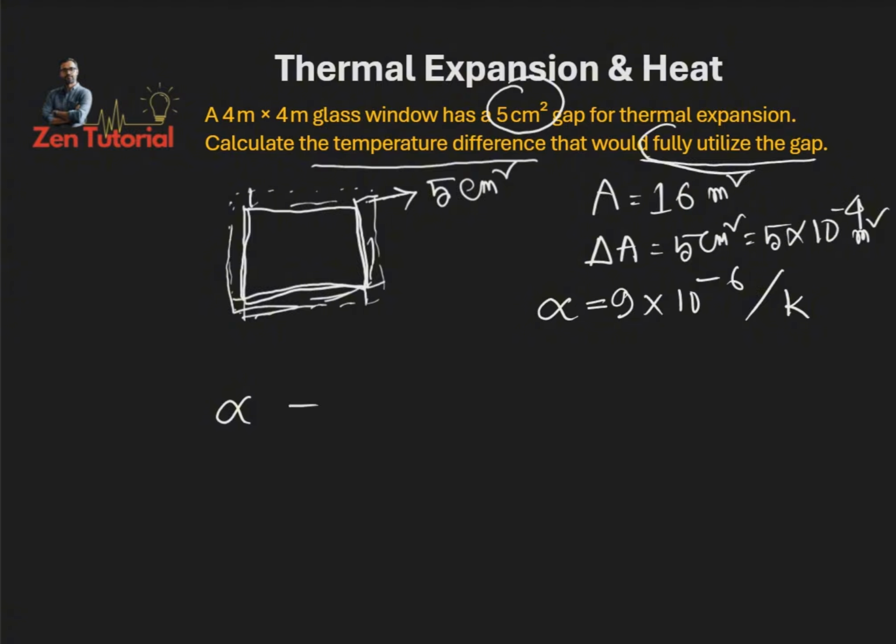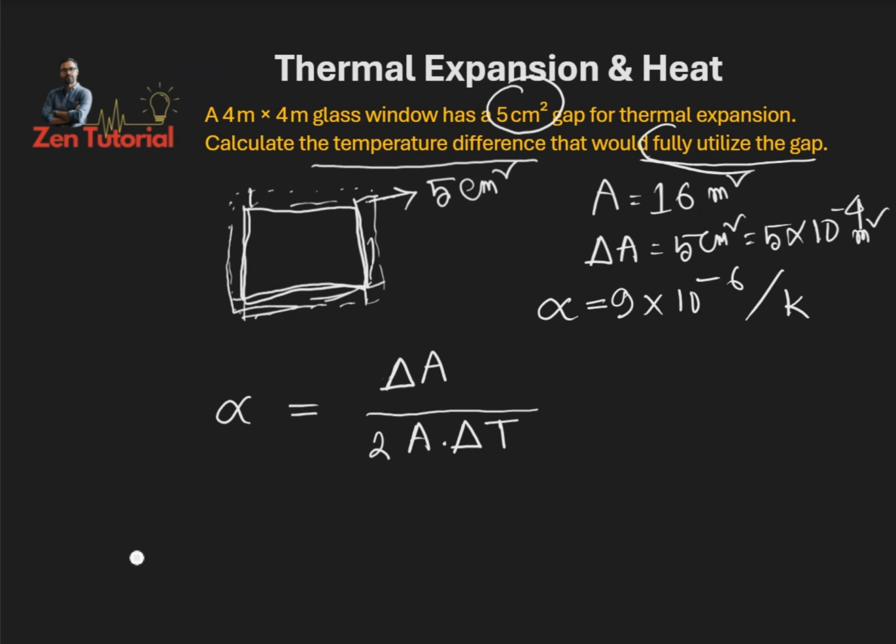To solve this problem, we have the equation for alpha, the linear expansion coefficient: alpha is equal to the change of area over 2 A and change of temperature.